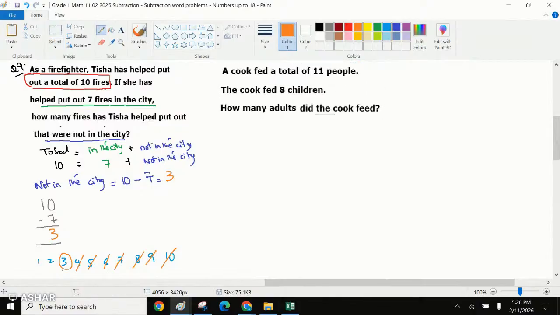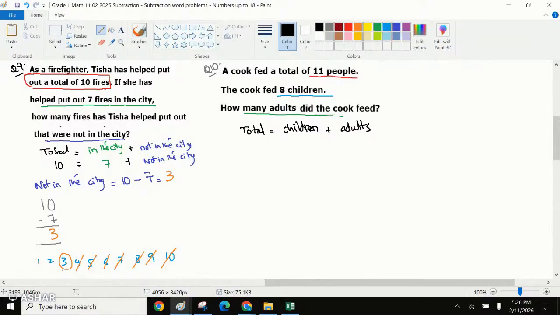Okay, let's say this is our question number 10. How many total people are there? 11 people. There were 8 children. The remaining should be the adults, right? So we can say the total number of people would be children plus the adults, right?